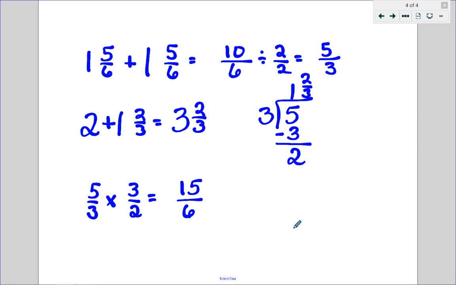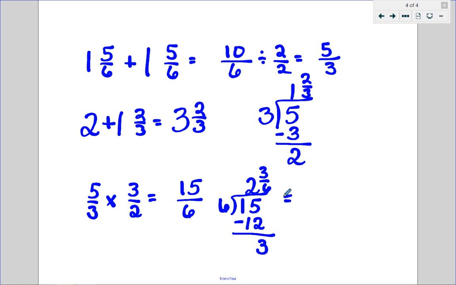So I think I'm going to go ahead and do the division. 15 divided by 6. So I have 2. 2 times 6 is 12. Subtract, I have 3 left over, so I have 2 and 3/6.